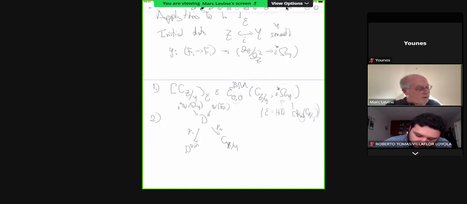Now, when you associate to this fundamental class, you have a pullback map, because this is a nice smooth map. So you have pullback in Borel-Moore homology. So you can take this class here. And where does this live?